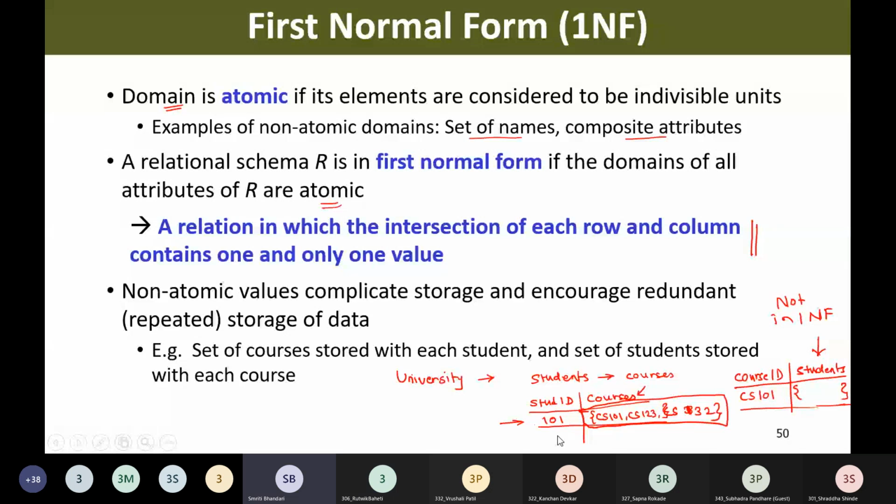Does this attribute courses have an atomic domain? Yes, anybody? Does this particular column courses in this table, this attribute, have an atomic domain?